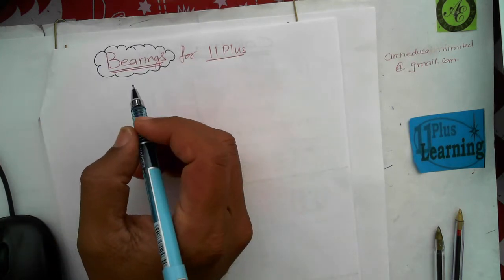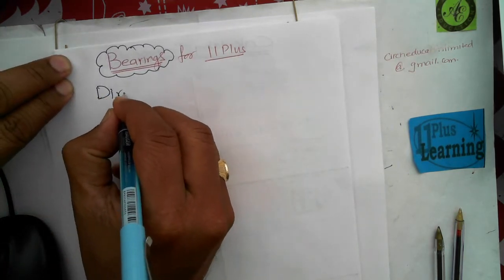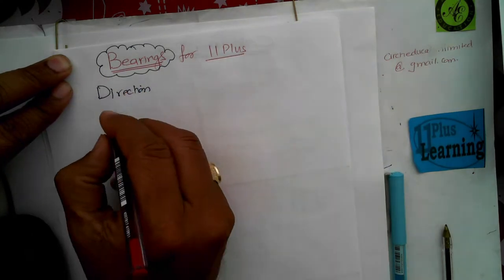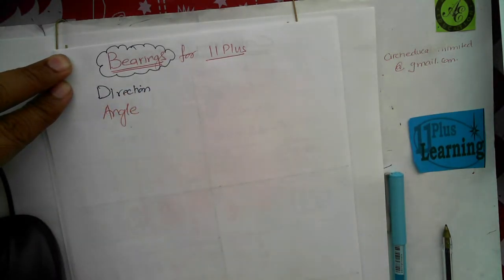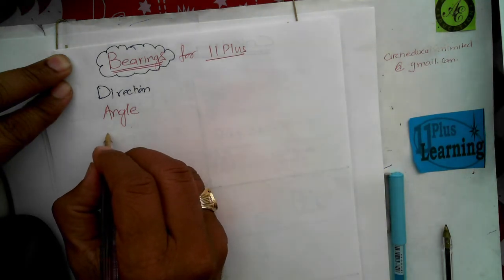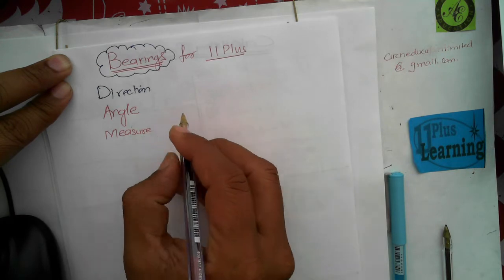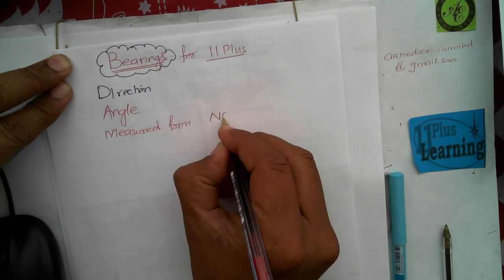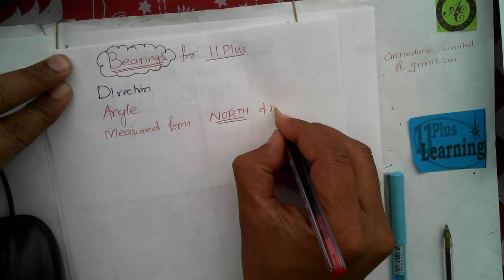Guys, bearings is used in the sense of direction. And what keyword do we use for direction in maths? It is angle. So a bearing is an angle, and very important, it is measured from the north direction of a reference point.